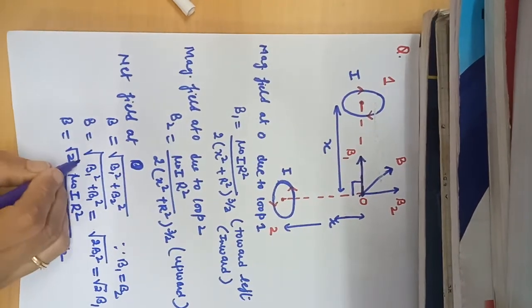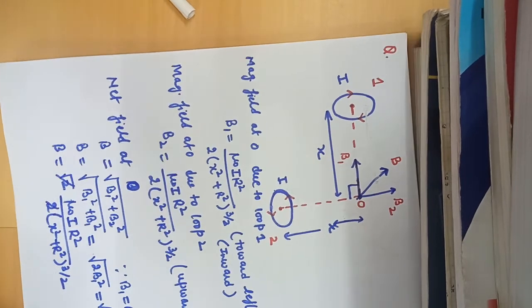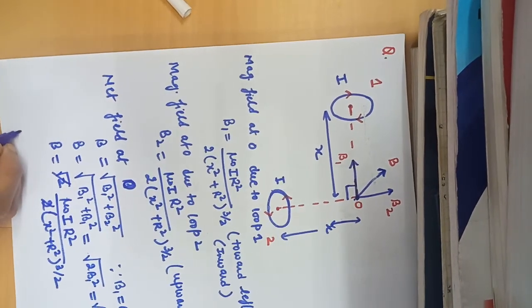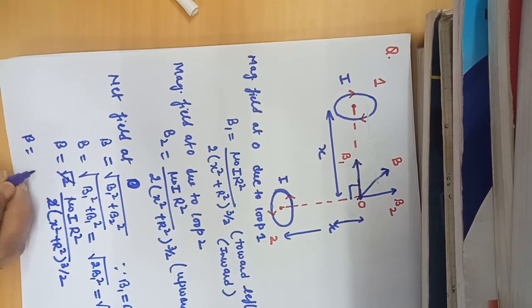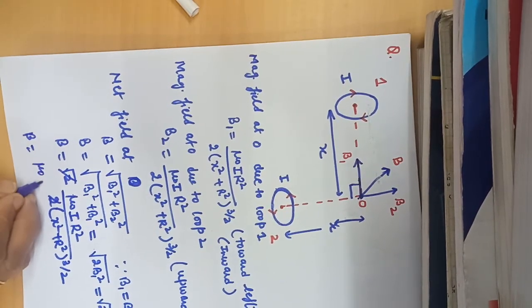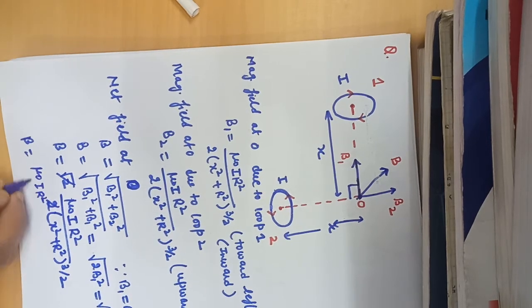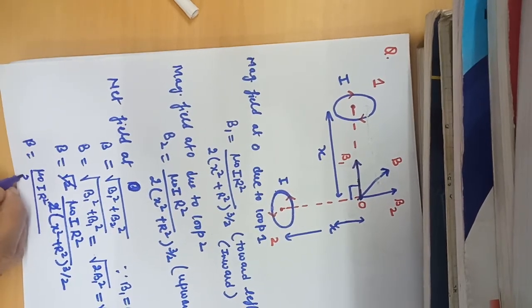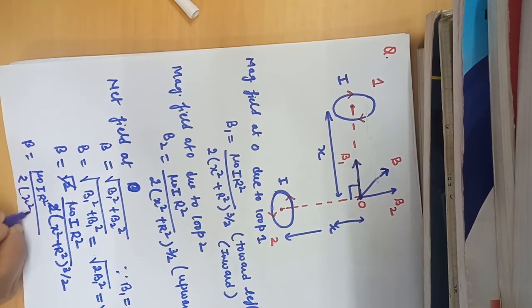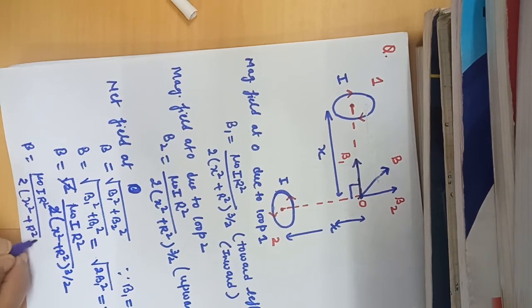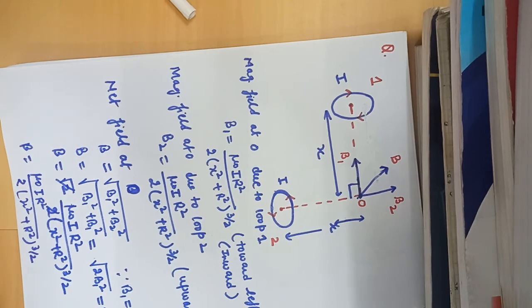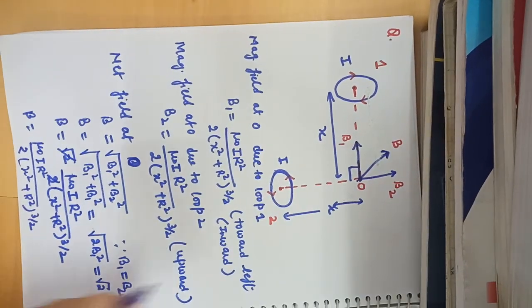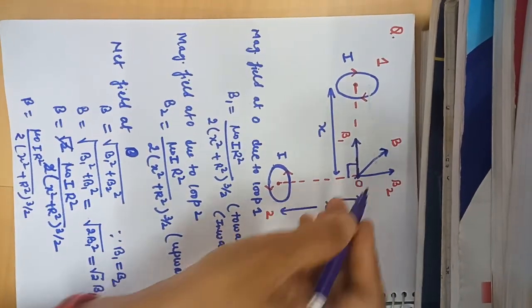Now this root 2 and this 2 will cancel out. So finally you will get the expression, B is equal to mu naught I r square over twice of x square plus r square to the power 3 by 2. This is the value you have got finally for the net magnetic field at the point O.